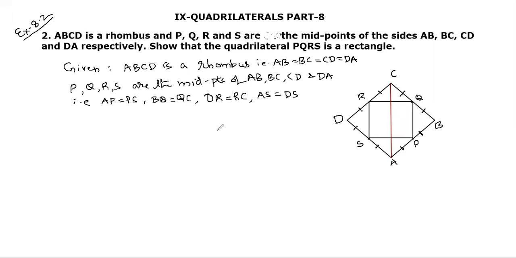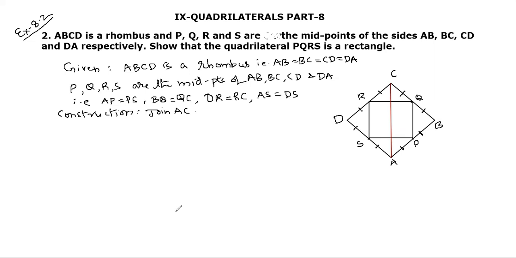Here as construction we have to join AC. If you are doing some construction, you can write it: join AC. It can also be done by joining BD, so you can join either one.